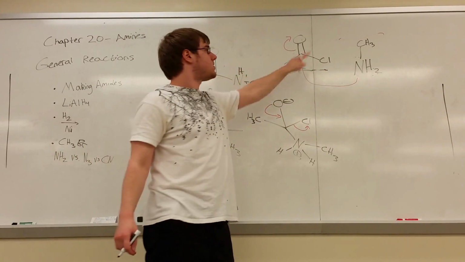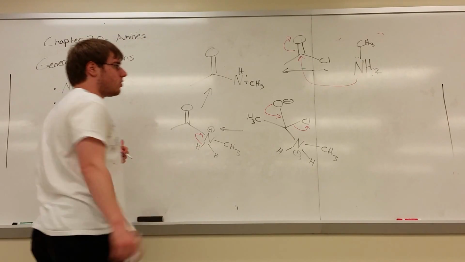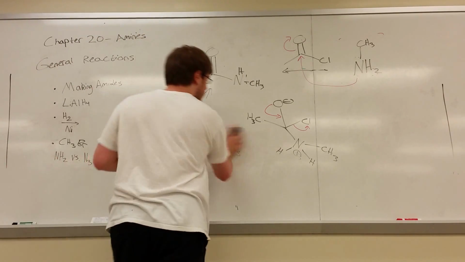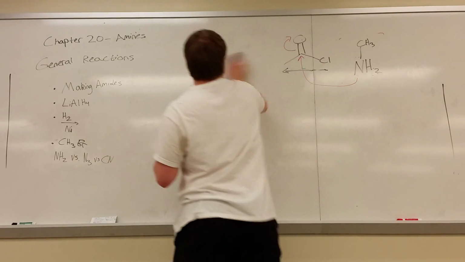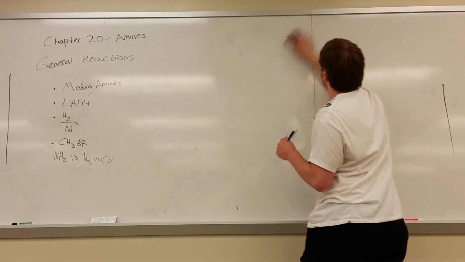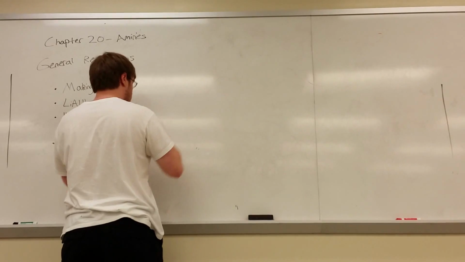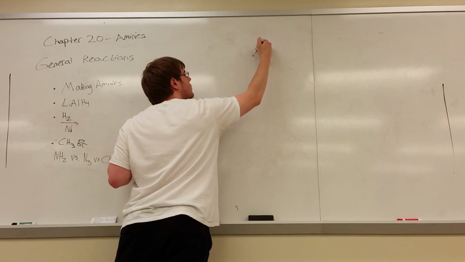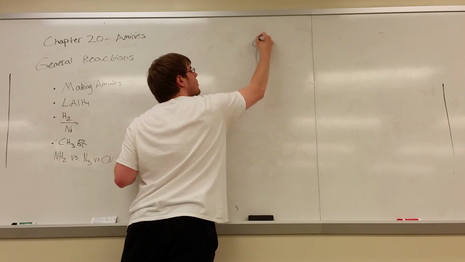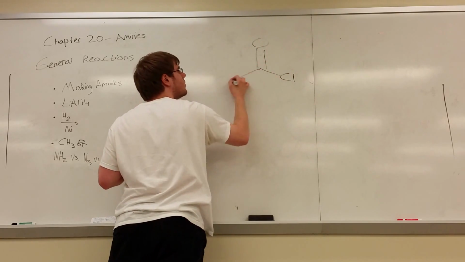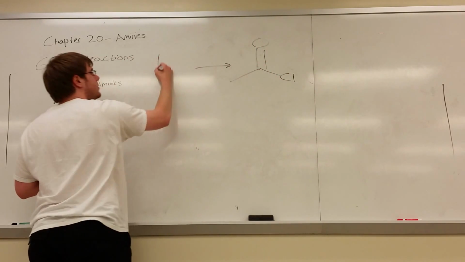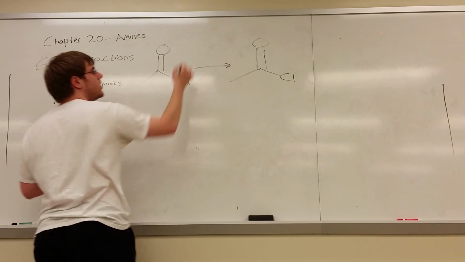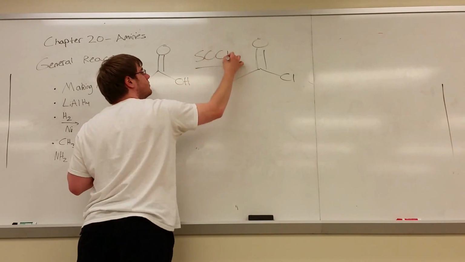And how do we make this, the carbonyl with the chlorine on it? You can make that from carboxylic acid. So let's erase this. If you want to make this, you can make that from carboxylic acid, which is a C double bond O, OH, by using SOCl2.